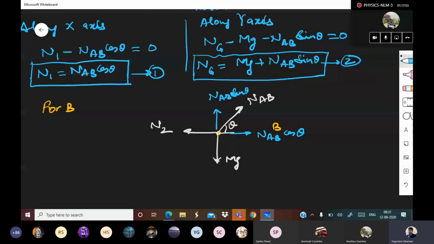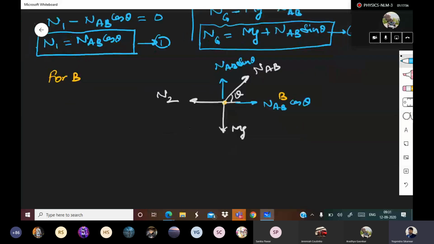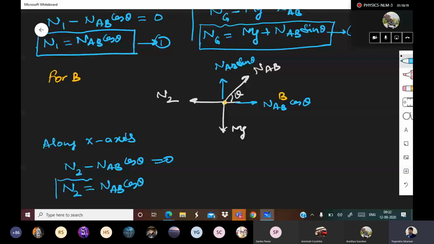Again along x-axis, N2 minus NAB cos theta is equal to 0, and that gives us N2 is equal to NAB cos of theta.